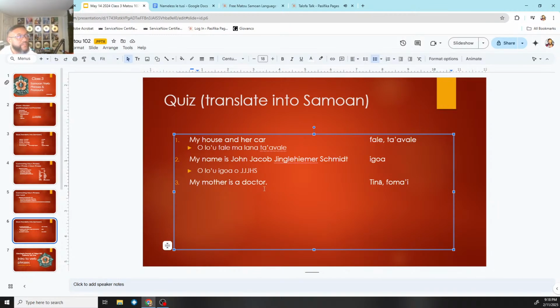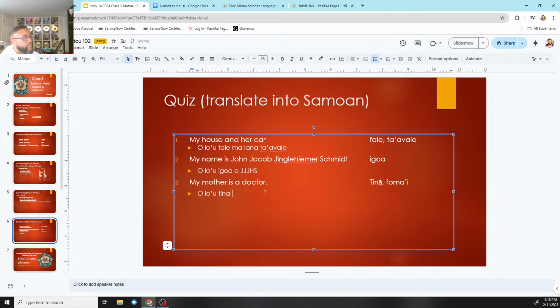And then the last one is my mother is a doctor. This one is different. We said my mother, so how do we say my mother? O lo'u. And then mother, look at our word key, is tina, with the fa'amafa over the a. Remember we talked about the fa'amafa. So o lo'u tina.